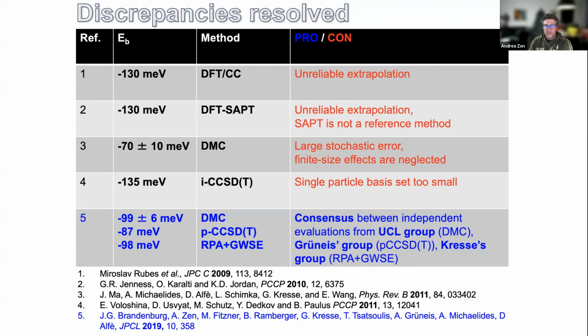And then we have a look at the past works on this system, which were different from our estimations, but our calculations could help to understand some of the weaknesses of the previous calculations, which might have used too small basis sets for quantum chemistry calculations, or relied on extrapolations on smaller systems that didn't go to something large enough for the extrapolation to be trustable, and so on.